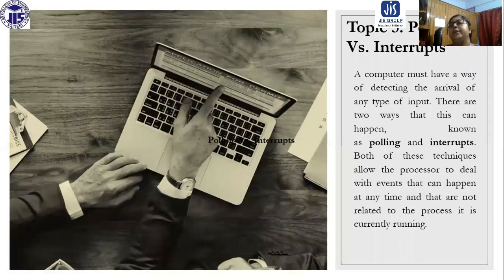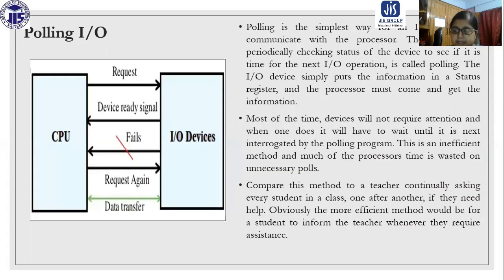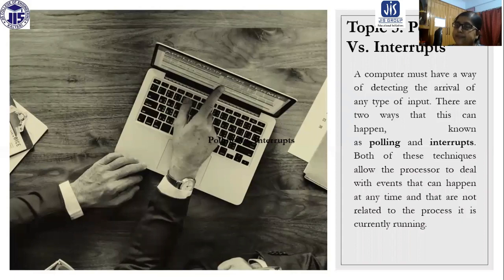So now we are going to discuss the difference between polling and interrupts. The computer must have a way of detecting the arrival of any type of input. Obviously, whenever input comes, the computer must be aware of that.